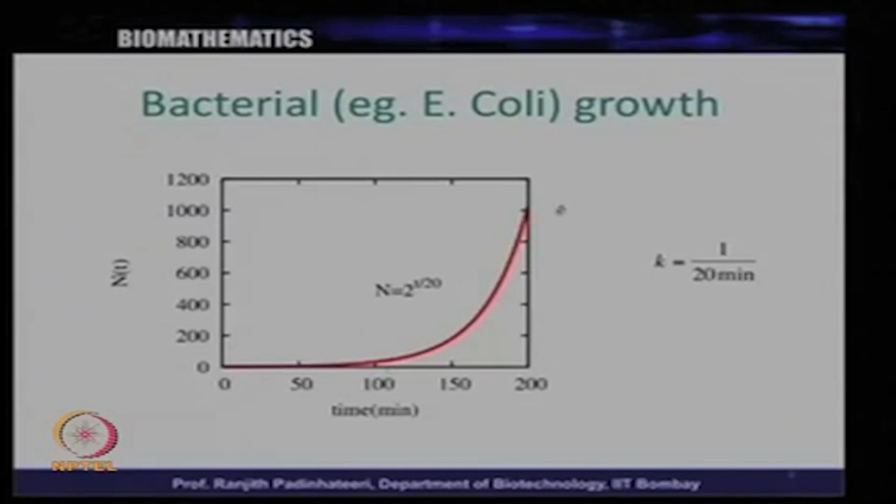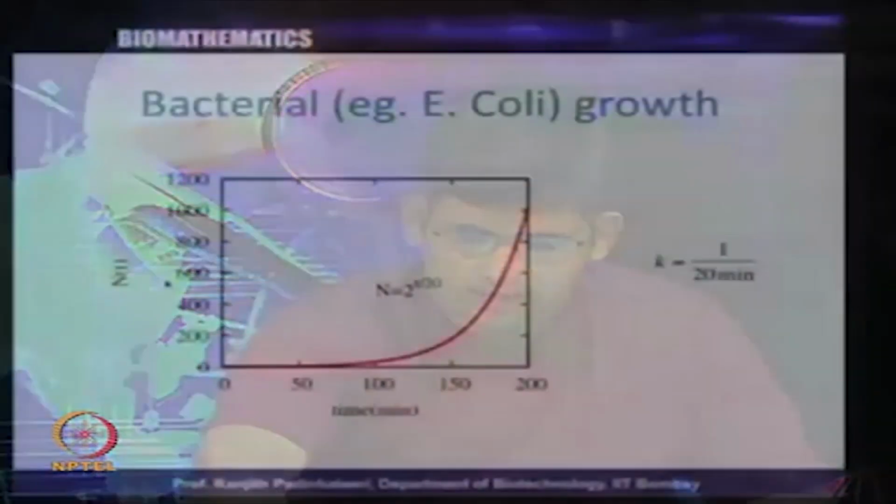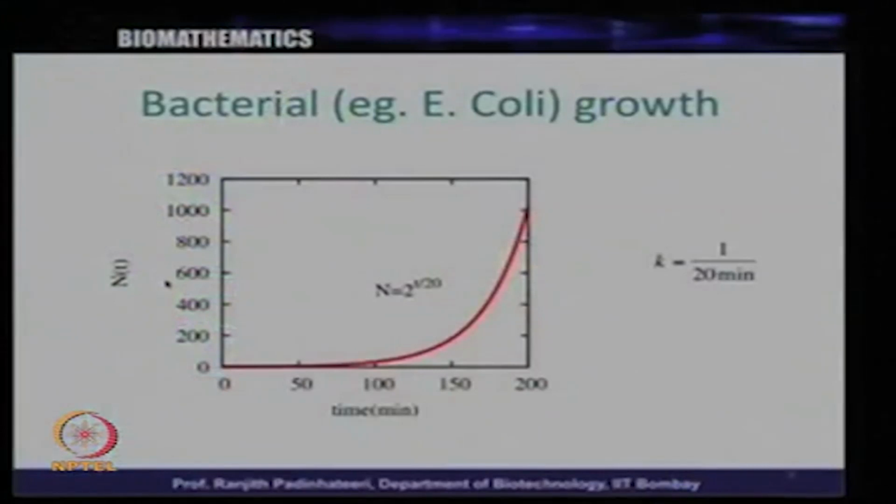Now, what we want to understand here is something about the derivative, something about the slope of this curve. If you have a curve which, as you see here, is exponential, let us just plot this curve here.